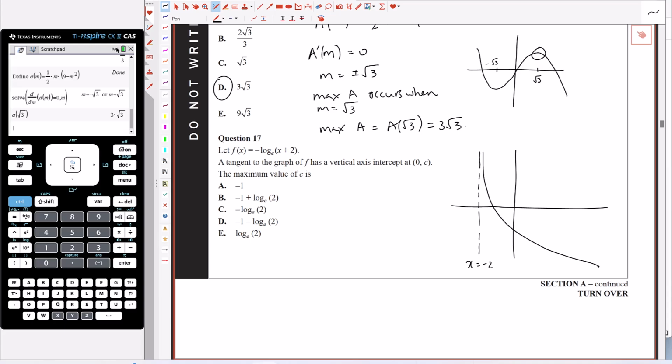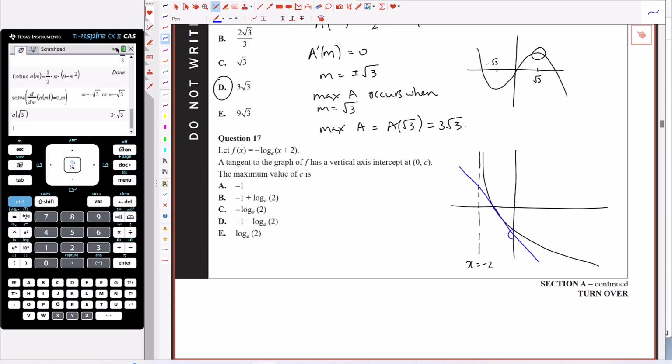Okay. So a tangent to the graph of f has a vertical axis intercept. So if we draw a tangent, I don't think it's ever going to have a vertical axis intercept. Have I drawn the right graph? Reflected log shifted left by 2. So if I draw a tangent here, for example, let me just draw any old tangent in.